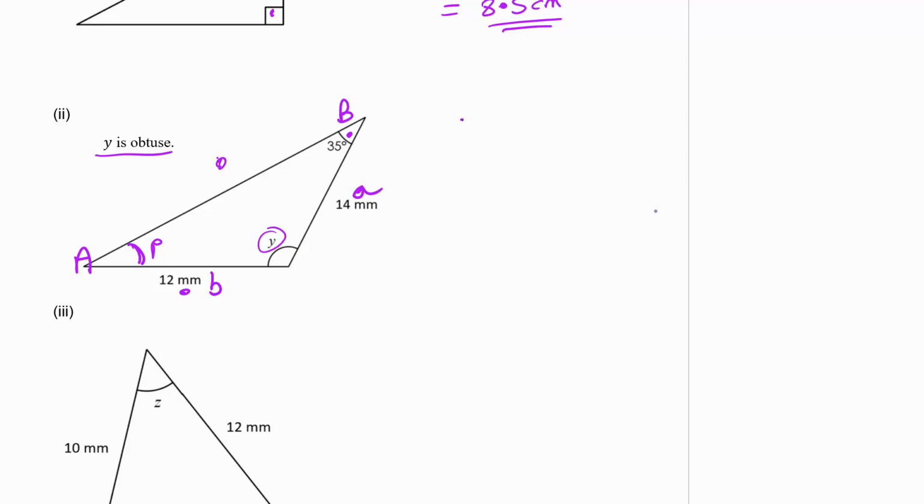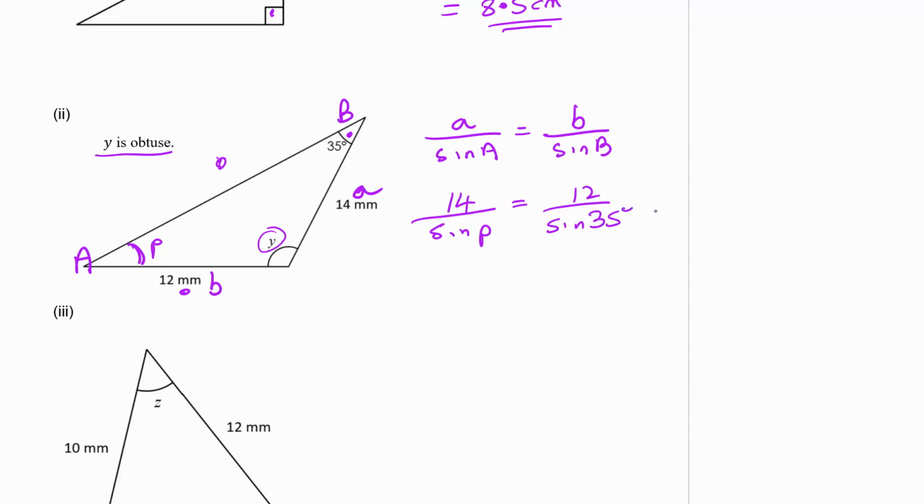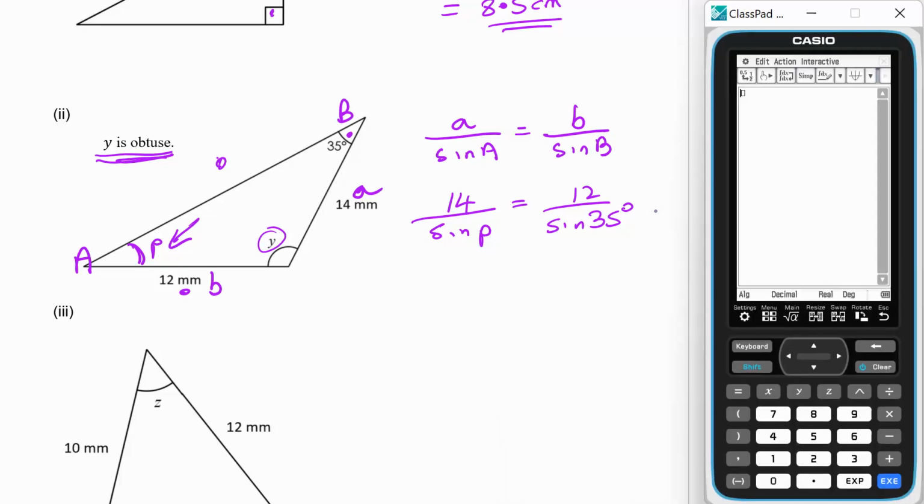So we have that A over sine A is equal to B over sine B. And substituting in, that means that 14 over sine P is equal to 12 over sine 35. Now, we were told that y is obtuse, which means that we need this one to be an acute angle. So we don't even need to worry about the ambiguous case.